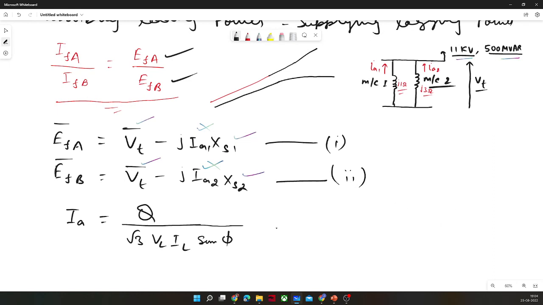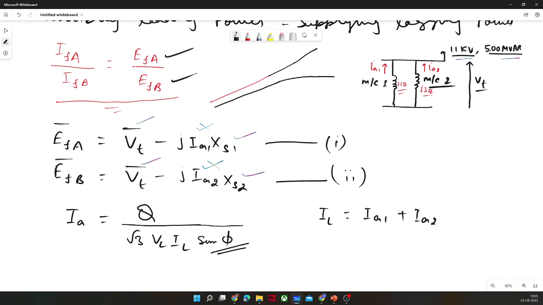We will need phi, and there is no information regarding this angle. Some formula is not understood. Why IA is equal to Q over root 3 VL IL sin phi? Why is IL here? We have to calculate IA. Let me clarify. IL is equal to IA1 plus IA2, right? The current supplied from machine 1 and machine 2.